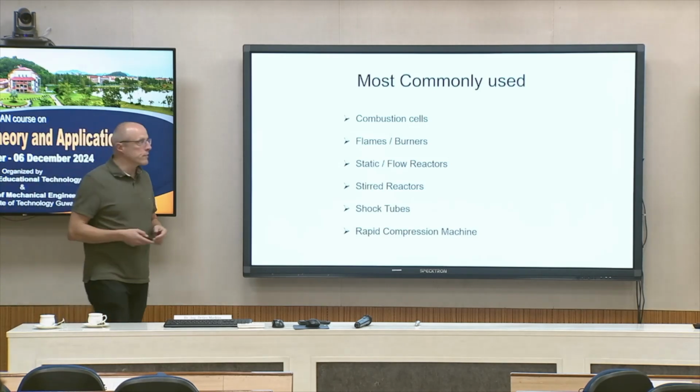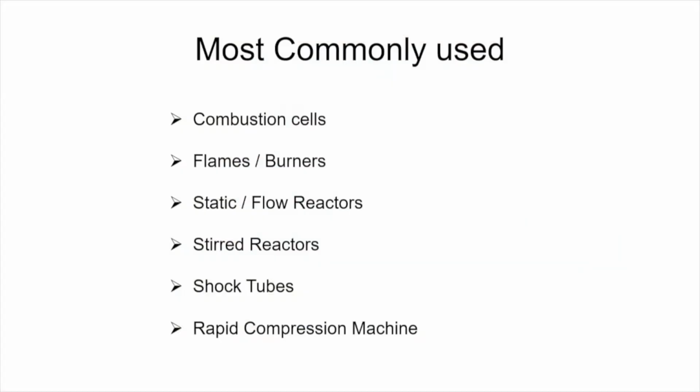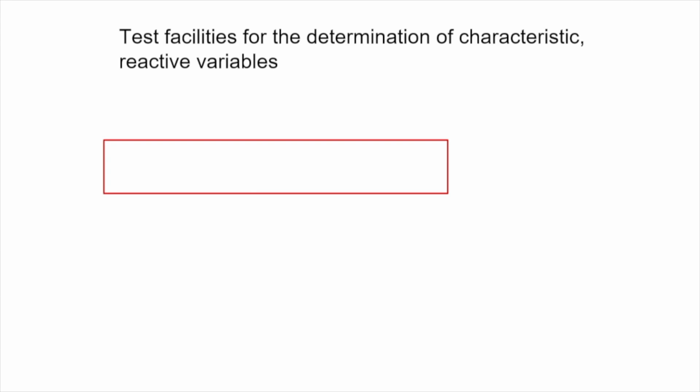We have discussed already combustion cells, flames, flow reactors. I will say a little bit about stirred reactors here today, and we will focus on shock tubes and rapid compression machines.